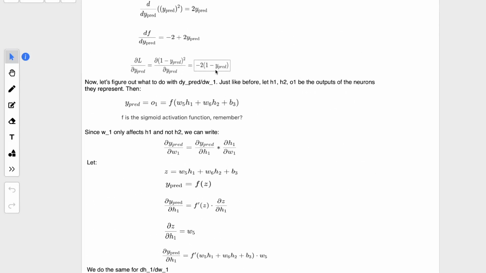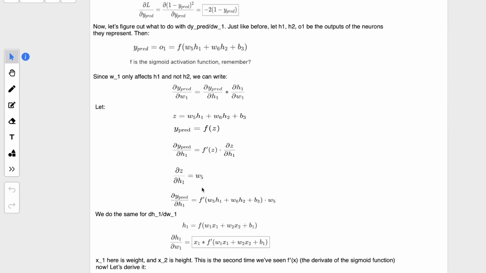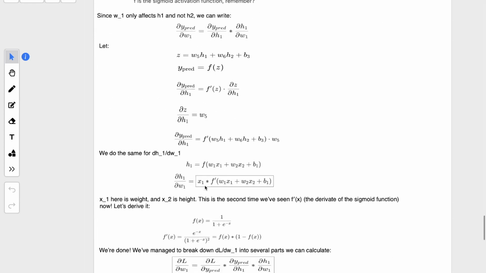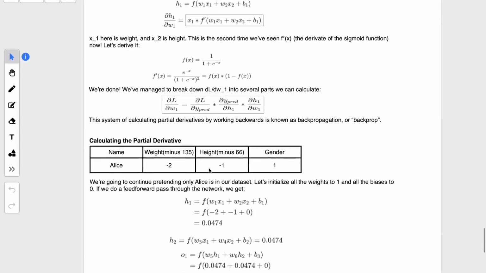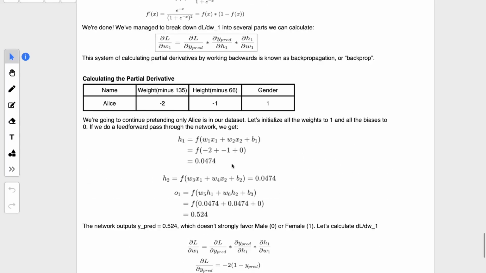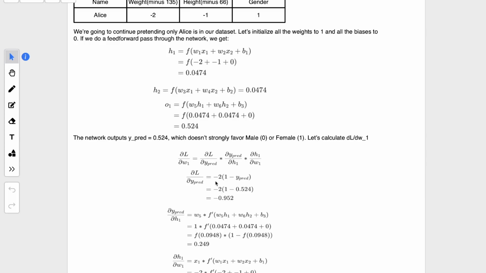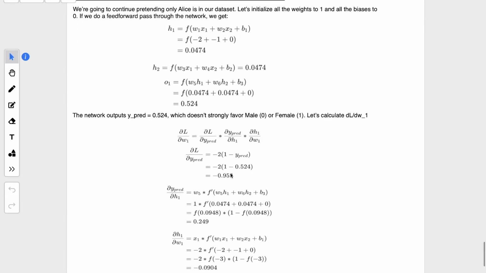So we are just passing values to all these functions that we have derived, keeping them in place and passing the values that we have here. We pass the values and delta L by delta y-pred turns out to be minus 0.952.